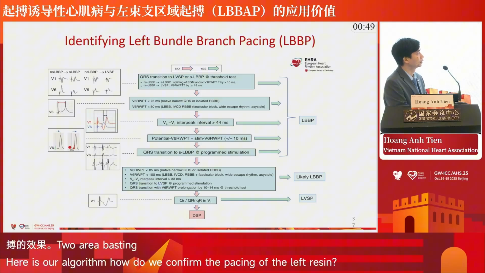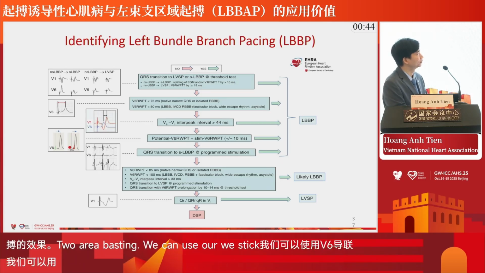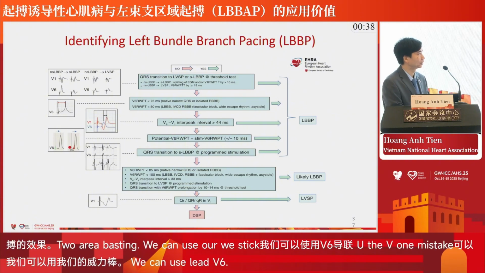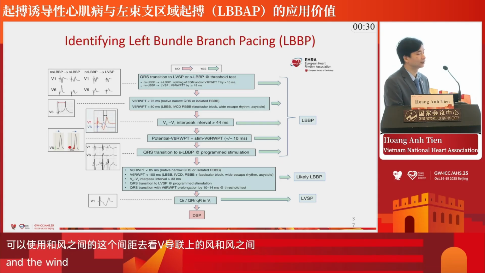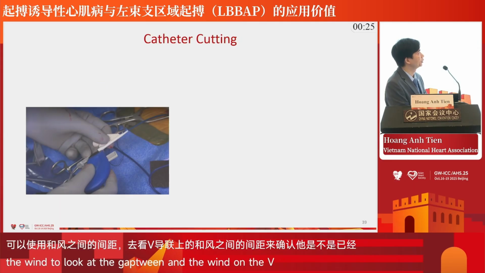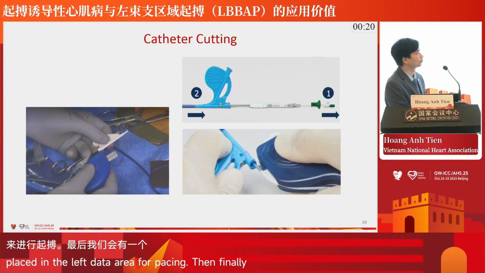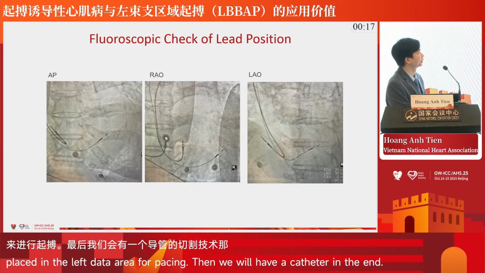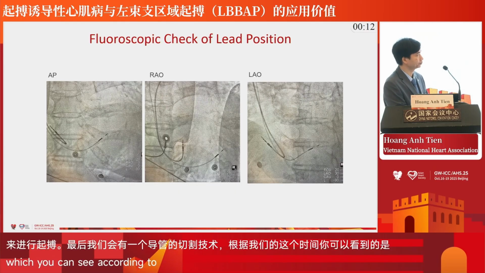We can use the V6 R wave peak time, and also use the V1 to V6 interpeak interval or LVAT, and also the waveform of V1 to identify whether it is inside the left ventricular septum or not. About the finishing, we use the cutting catheter, depending on the type of the sheath. And we use fluoroscopy to check that the lead is in a good position.